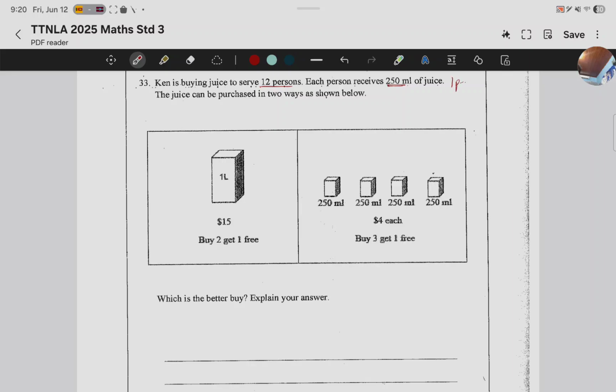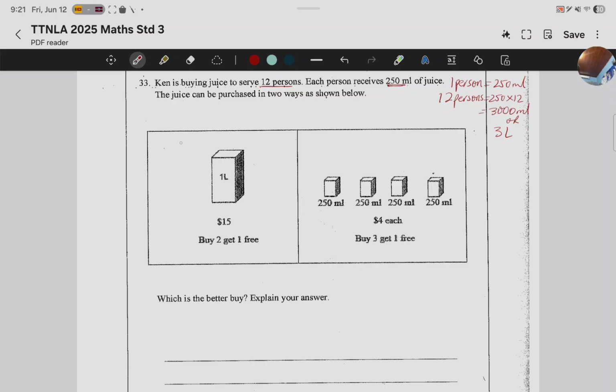One person is equal to 250 milliliters. So for 12 persons, it would be 250 multiplied by 12, which is 3000 milliliters, or 3 liters. Same thing. So we're trying to get 3 liters or 3000 milliliters.